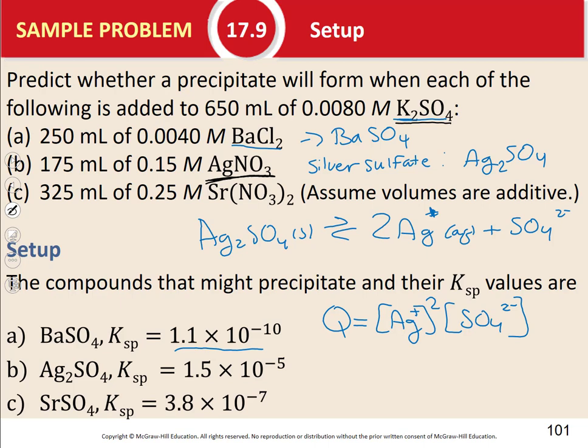So M1 is that 0.15, V1 is the 175, is equal to M2, that's what we're finding, times V2. What's our final volume going to be here? 825. So we started with 650 and we've added 175, so 825.